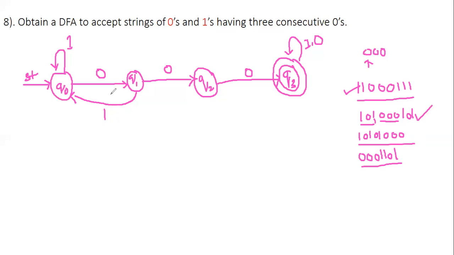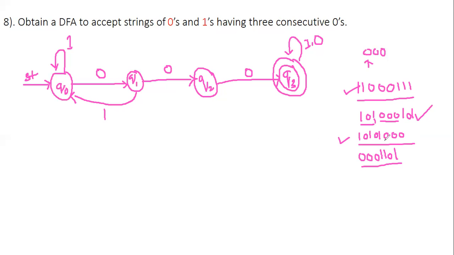You will be remaining in Q1 itself. Because see here, I'm taking this example: 1 0 1 0 1. This is an example which will be accepted by this DFA, but we are not entering Q2 with input alphabet 1 exactly.